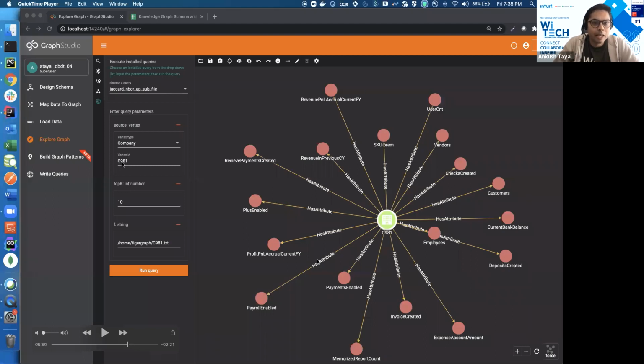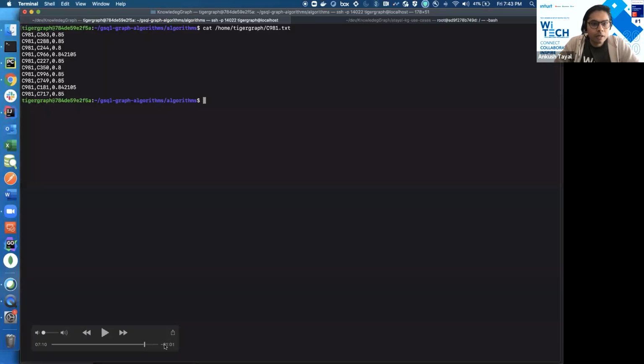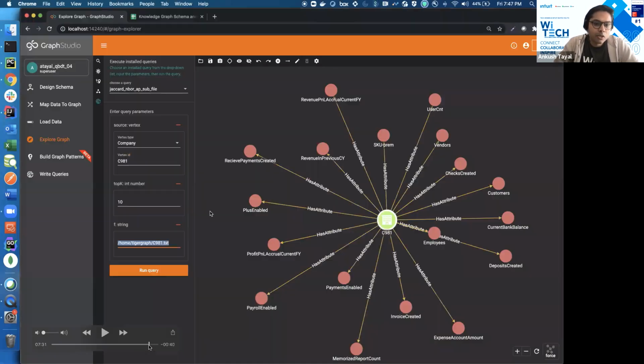We are giving this as an input to that algorithm, and we want to find the top 10 similar companies. Once we run the query, it spits out the 10 most similar companies to the given company, and we are seeing a similarity score of 80 to 85%, which is pretty good, right? We're able to find similar companies to the given source company.